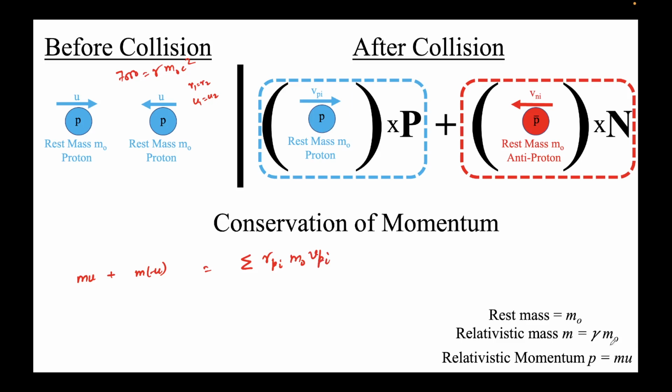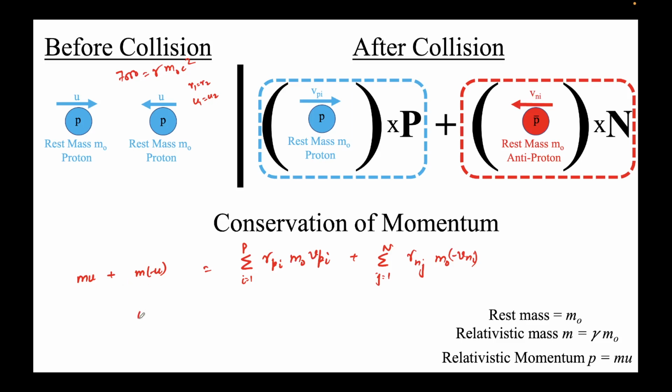So I'm using this formula, gamma m naught times u. Plus again a sigma, j running from 1 to capital N, gamma nj m naught vnj, and this is, let's say, in the negative direction. I assume this to be the negative direction. You can assume the positive direction, it won't matter, right?